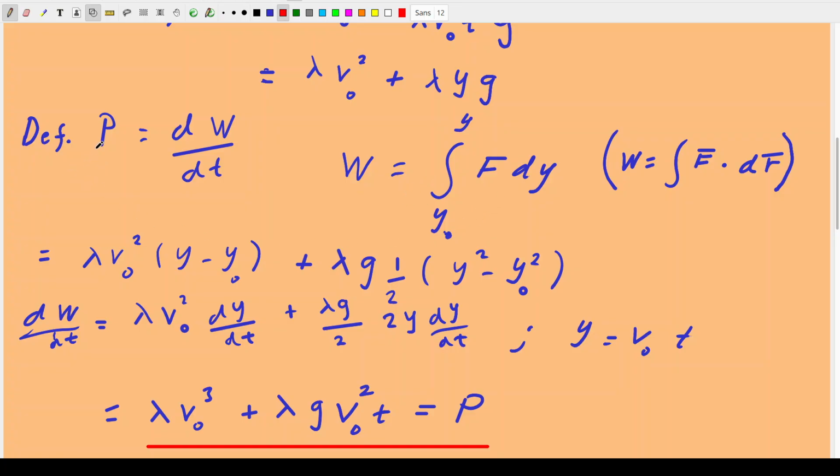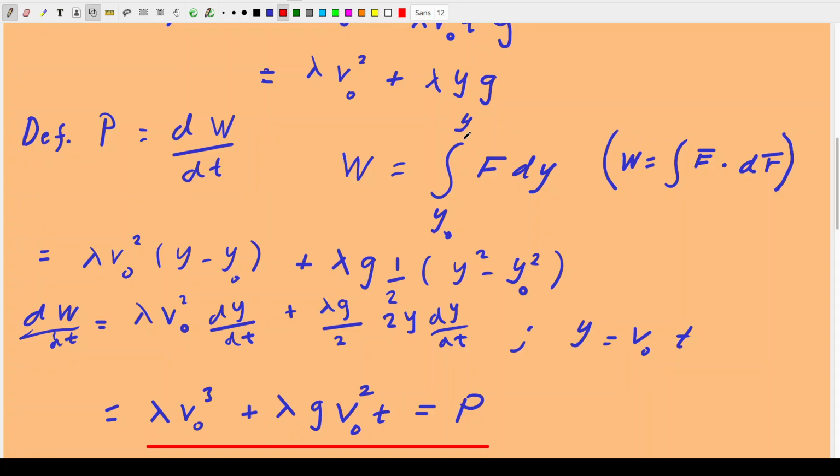Now to get the power, you have to differentiate with respect to time t. Then you get this expression here, and finally this one. You see that y naught doesn't matter anymore, because the derivative of a constant is just 0. Y naught is a starting constant.